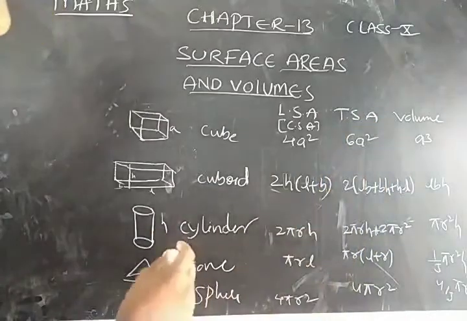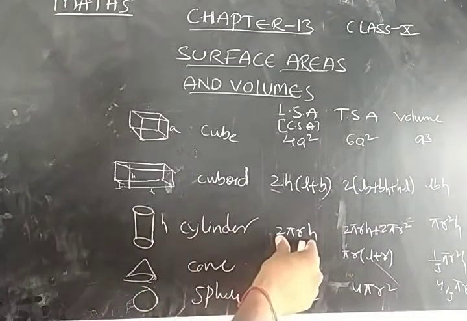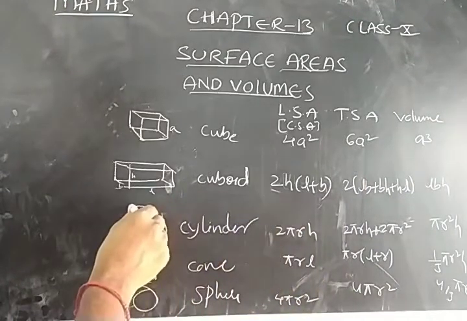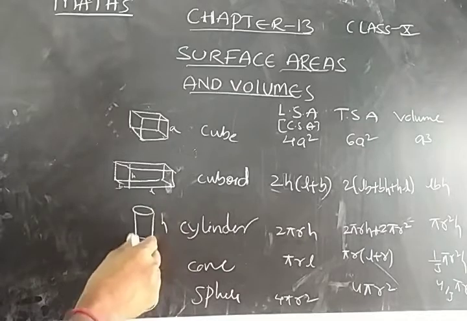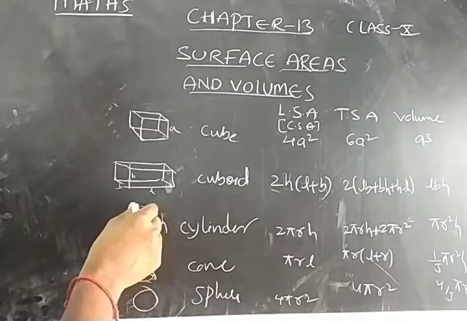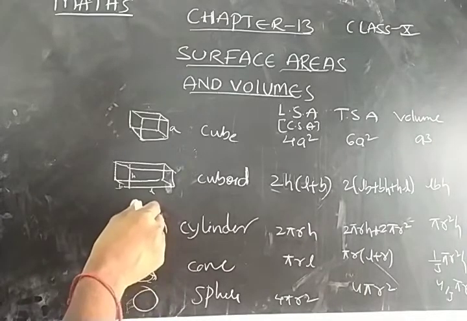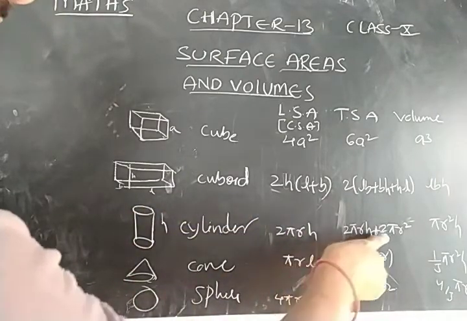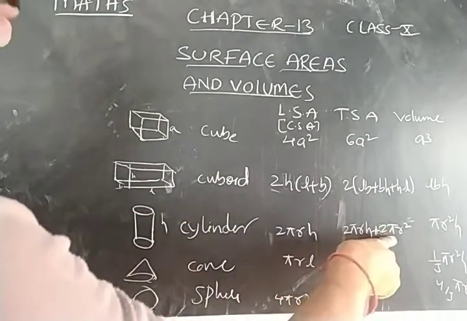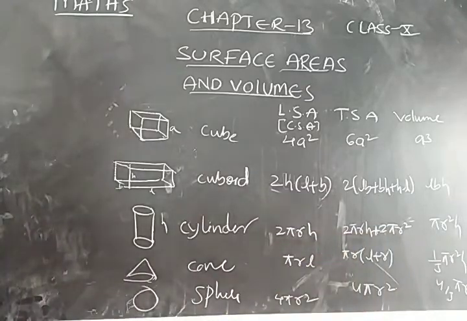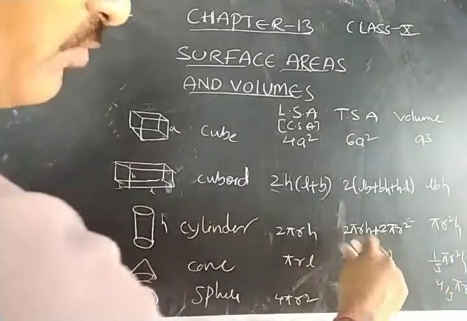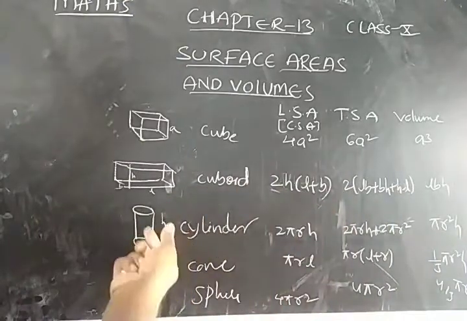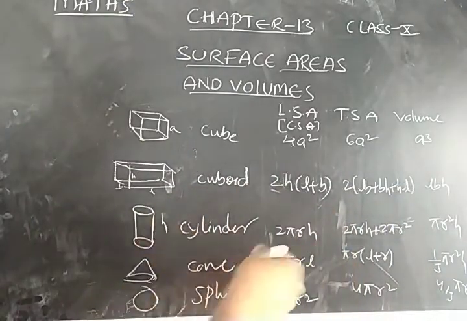Total surface area means LSA plus bottom area and top area. Bottom is a circle, top is a circle. So bottom area pi r square, top area pi r square. So LSA 2 pi r h plus pi r square plus pi r square, that is 2 pi r h plus 2 pi r square. It is TSA. If you forget the formula, again you can get it using this concept.